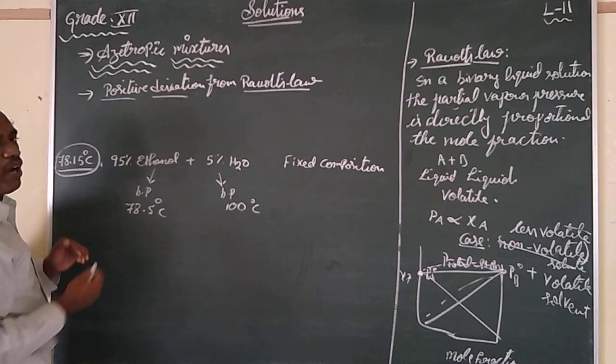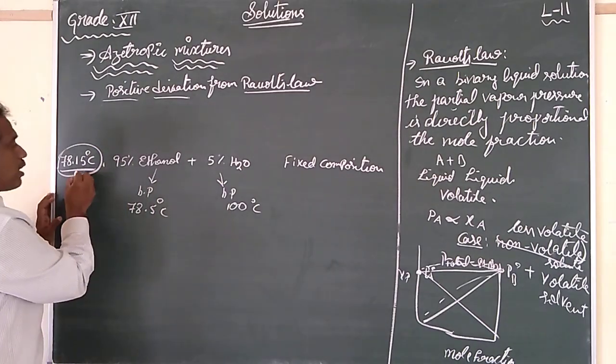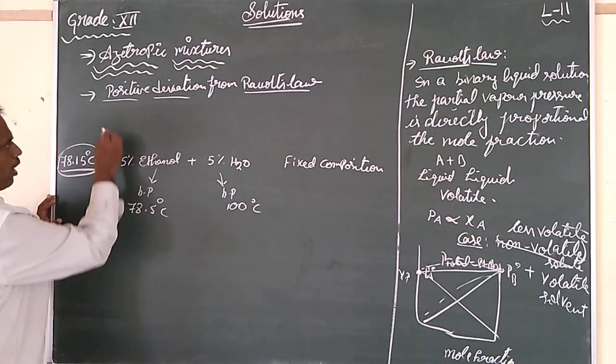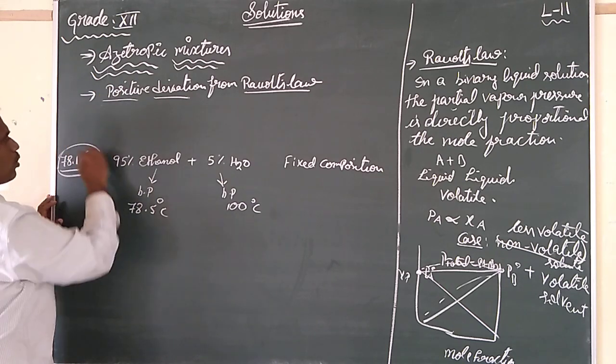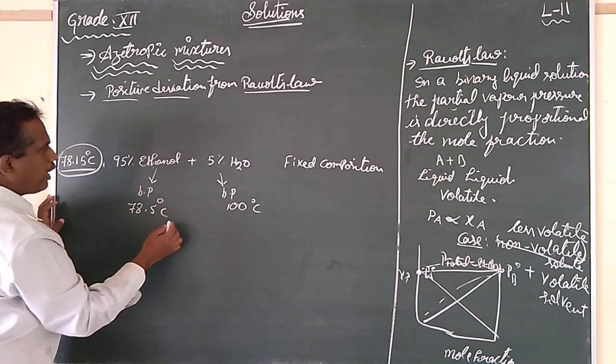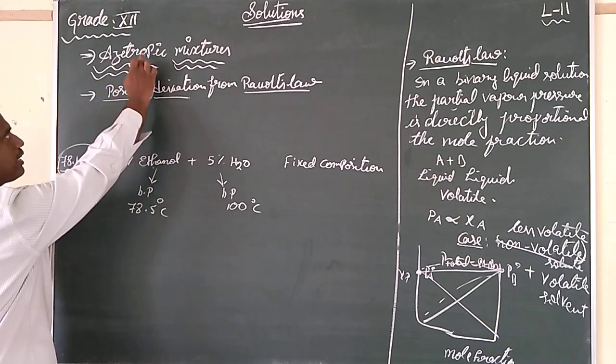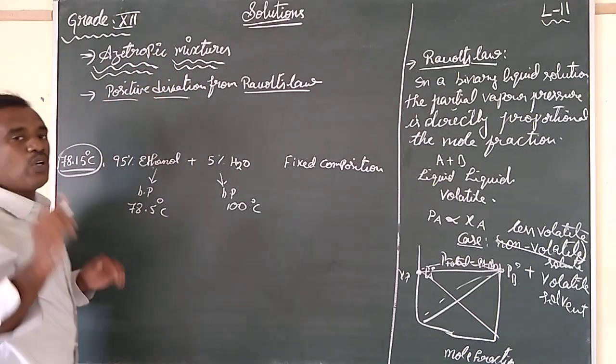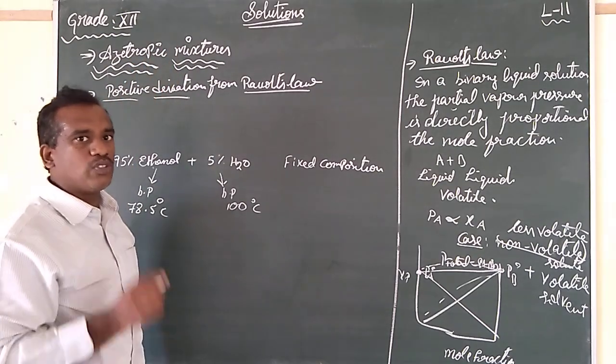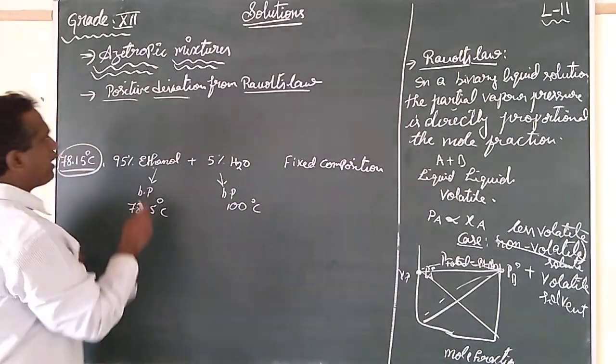Let us explain the point very clearly. What are these kinds of solutions called? The solutions that boil at a constant temperature, we call azeotropic mixtures. See the point here?